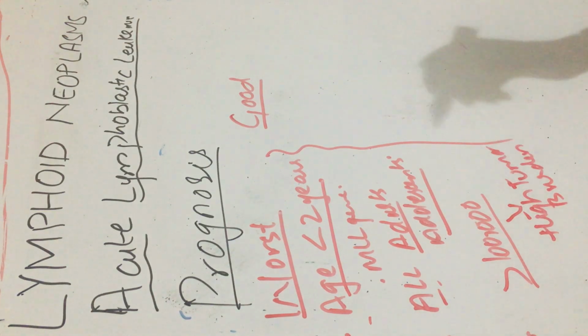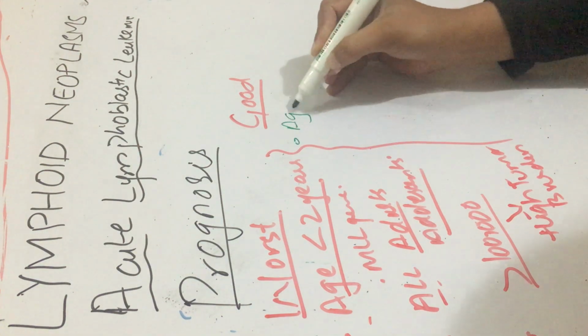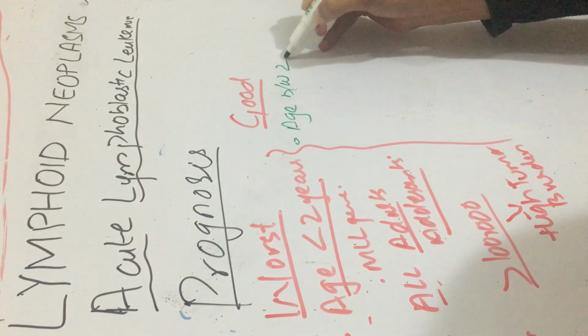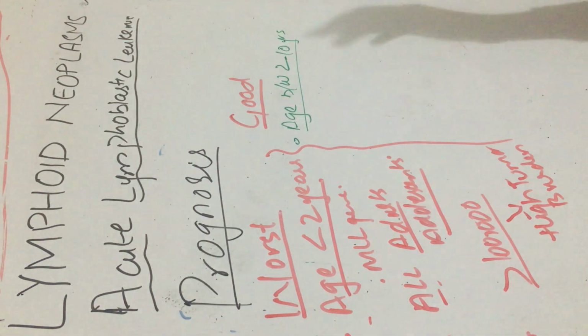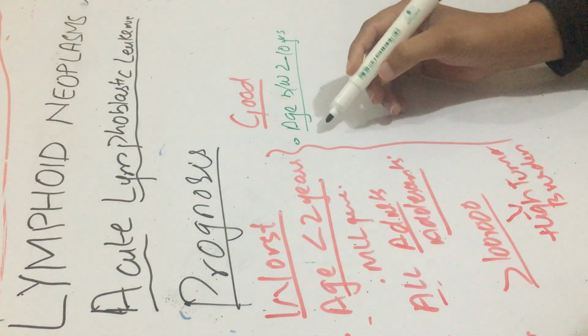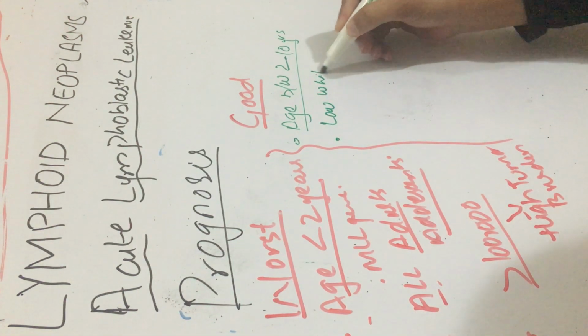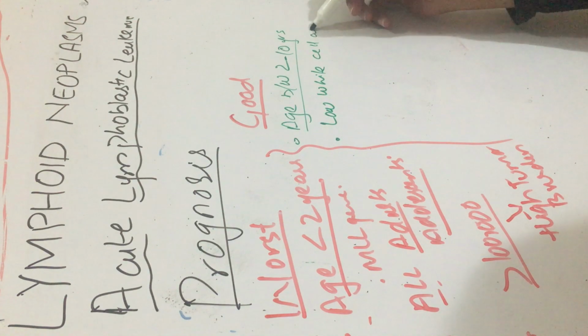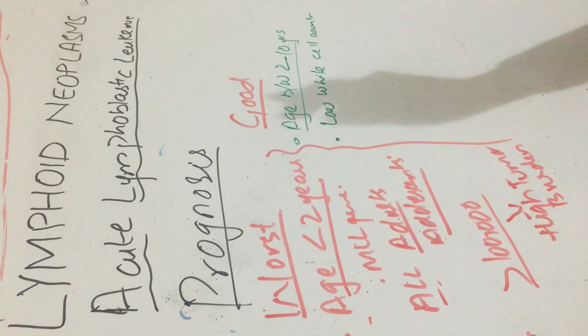And what are those conditions in which the patient would have a good prognosis? If the age is between 2 and 10 years, then these patients have a good prognosis. If the patient has a low white cell count, then definitely there would not be a high tumor burden.